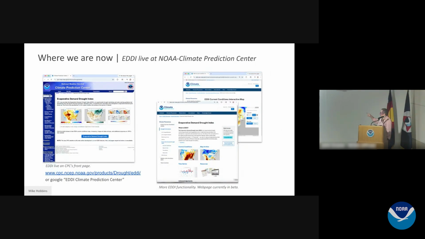On the right-hand side is the really beautiful job that Ada at CPC has put together: the EDDI web pages. They're still in beta, but Ada will take us on a tour of those. They are modeled very closely on the pages that Kathy here built for us a few years ago.